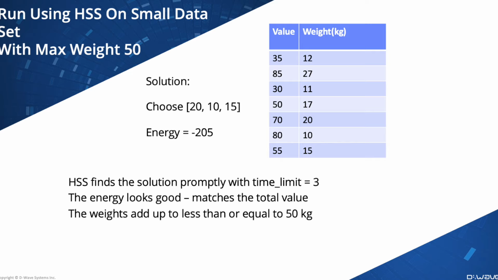In this case, it chose to take the objects weighing 20, 10, and 15. That is the last 3 rows. And the energy, using an offset, has been set so that the minus of the sum total of the values will give the energy. So that's another way to check that this problem is working. But Hybrid Solver Service did very well on finding the solution of this small problem.